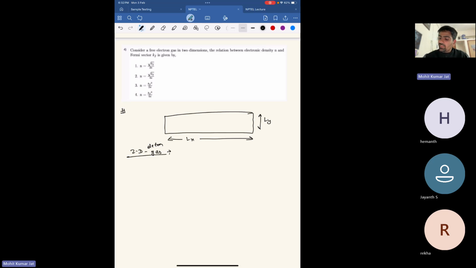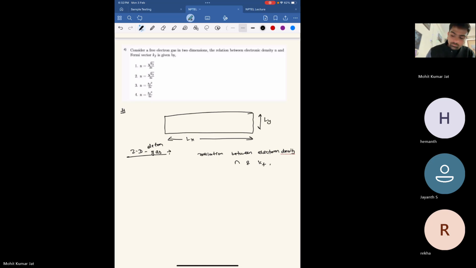The question says, what is the relation between electron density n and Fermi vector kF.